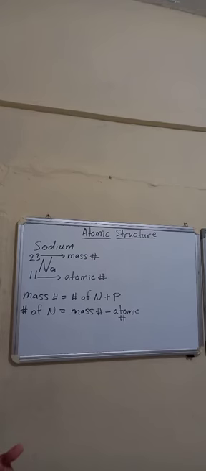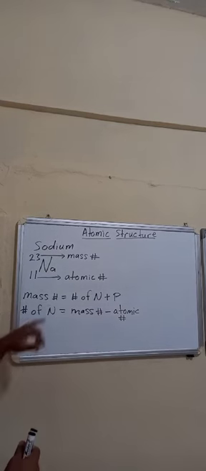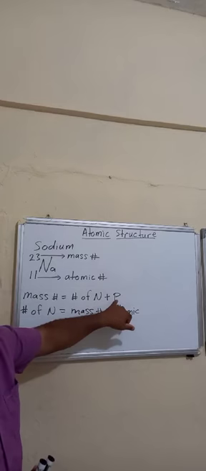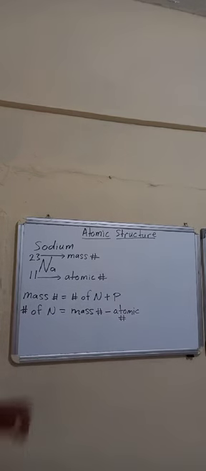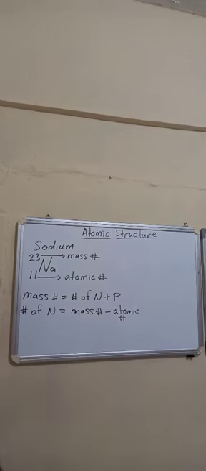And the reason for that is the mass number is a sum of the number of neutrons, the N here is for neutrons, as well as the protons, whereas the atomic number is the same as the protons.